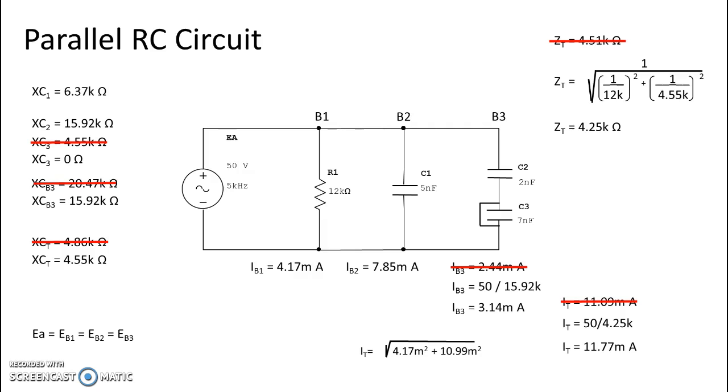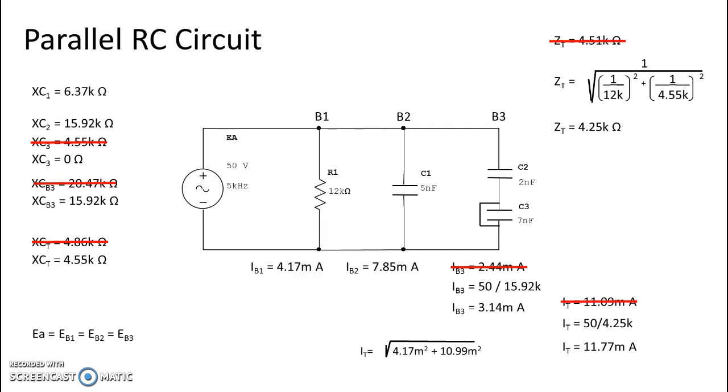But when we get out to branch 3, the branch itself does have 50 volts applied to it. However, because capacitor 3 has no ohmic value, it doesn't matter what the current is or what the voltage applied is. Without an ohmic value, it will not have any potential difference. And so we will see 0 volts across capacitor 3.